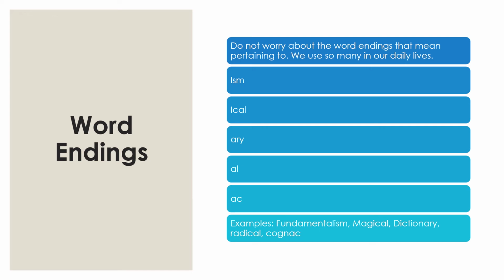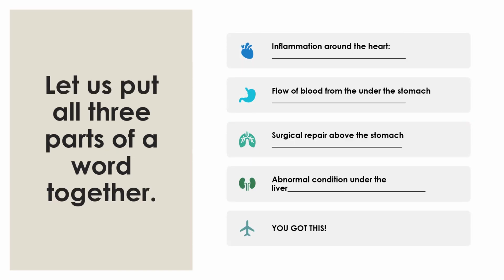Cardiac, iliac. So we'll get into that a little bit. Don't overthink these word endings. Just allow what comes natural to your thought processes. And nine times out of ten, you're going to be right. And remember, those are not suffixes. They're just word endings that mean pertaining to. So like I said, don't get too wrapped up in them.